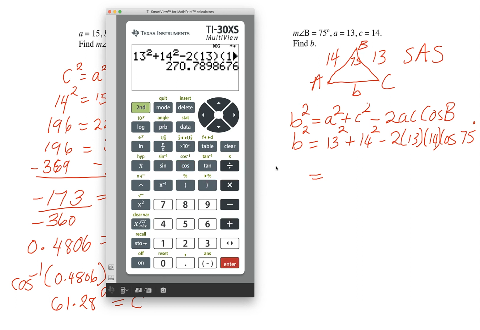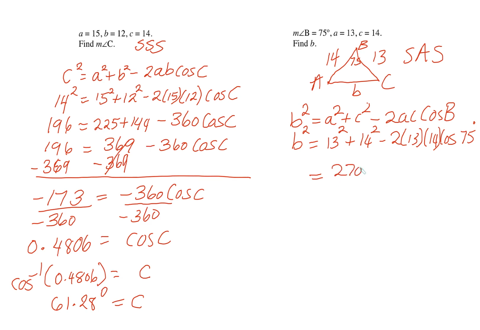I hit enter, and again, I'm going to round this to 4 decimal places. It's always good in trigonometry to go to 4 decimal places. So this will be 270.78.99, so this is my B squared.